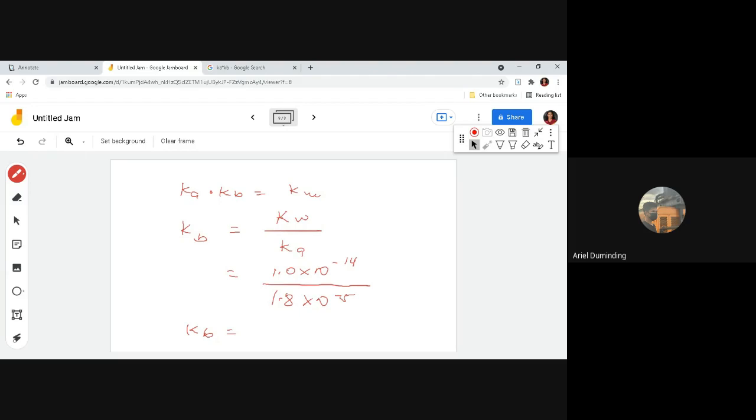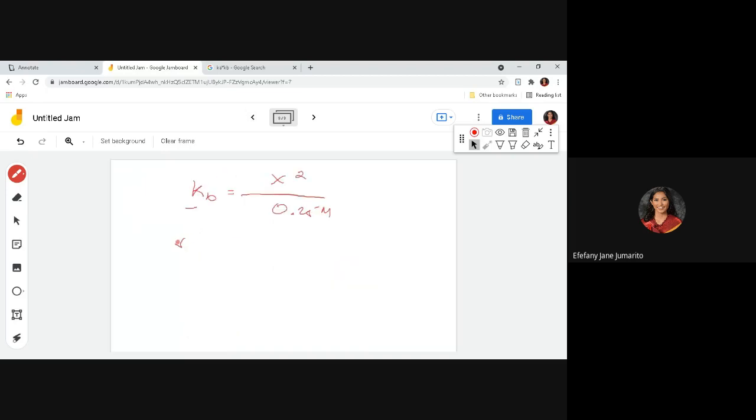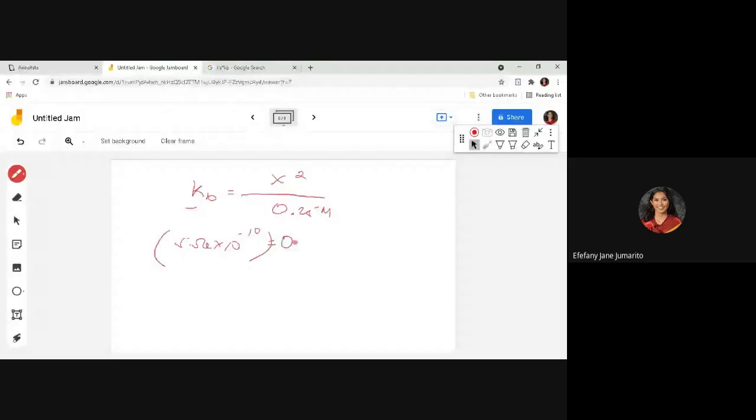Divide. 5.6 times 10 raised to negative 10. That's your Kb. So we put 5.56 times 10 raised to the negative 10 times 0.25 molar.